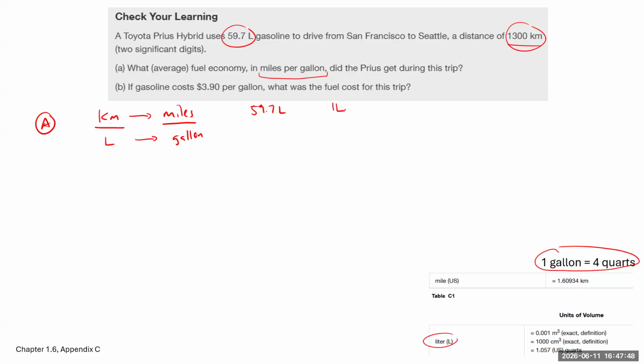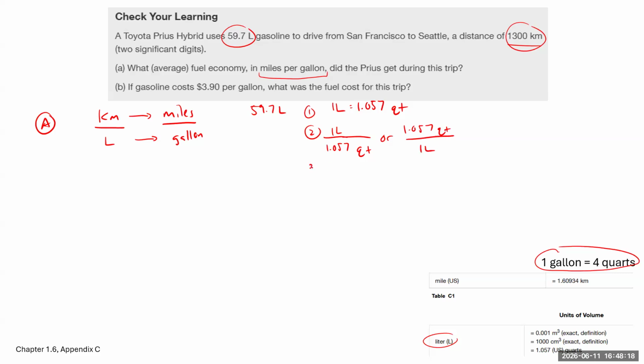So 1 liter equals 1.057 quarts. All right, that's step one. Step two, write it as a fraction: 1 liter over 1.057 quarts, or you could say 1.057 quarts over 1 liter.